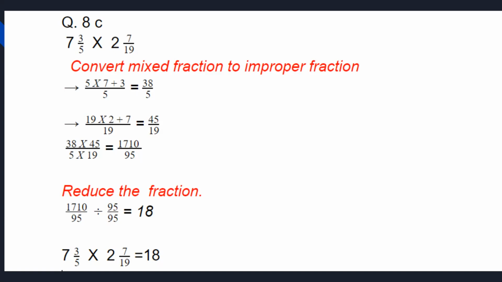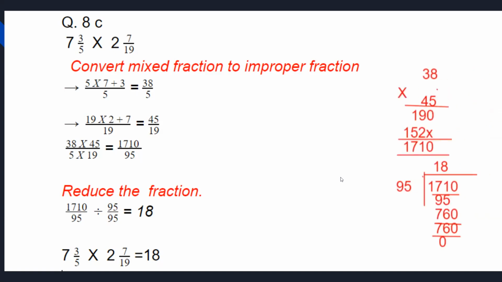Now, if 1710 is divisible by 95, we will divide it. Otherwise, we will convert it into mixed fraction. It is divisible. So when we divide it by 95, we will get the final answer 18. So when we multiply these two mixed fractions, we got the final answer 18.